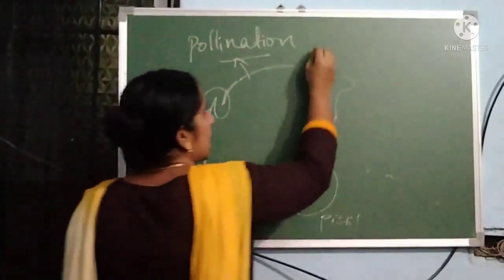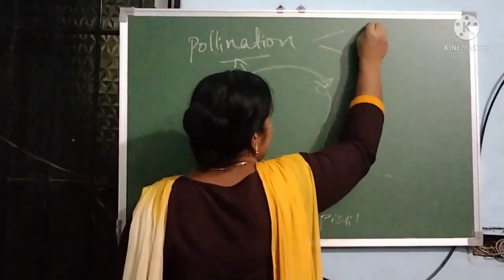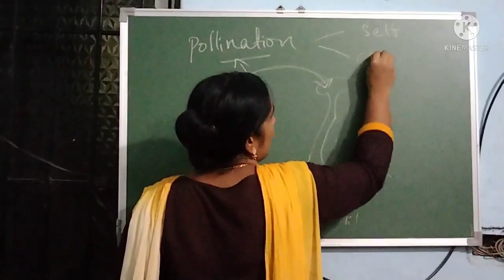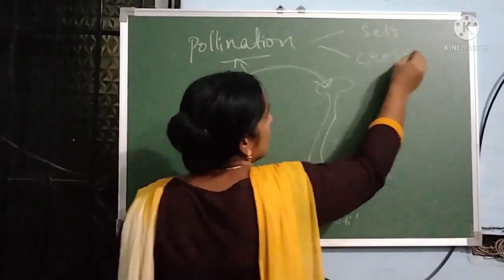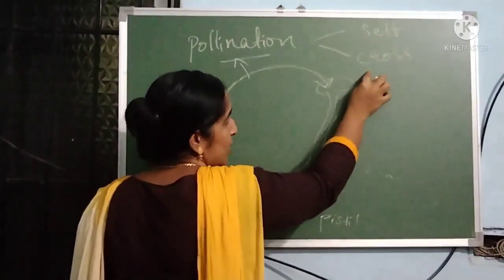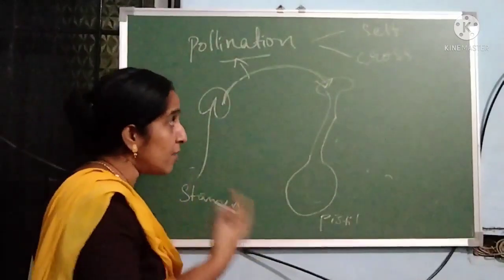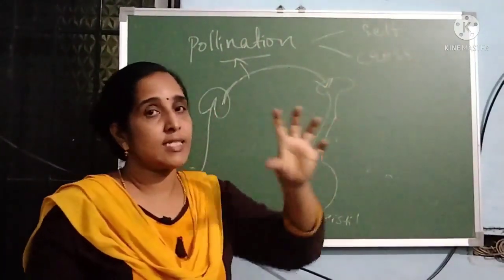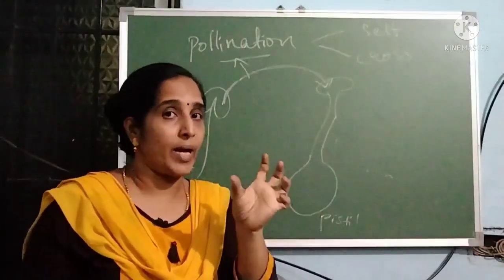Okay, there are two types of pollination. That is self-pollination and the next one is cross-pollination. So what is self-pollination? Self-pollination means the pollination takes place in the same flower of a same plant.